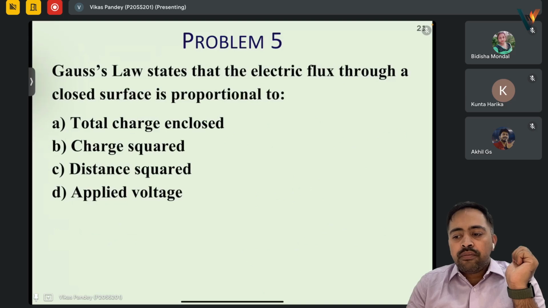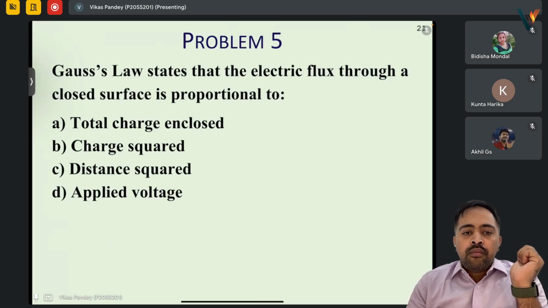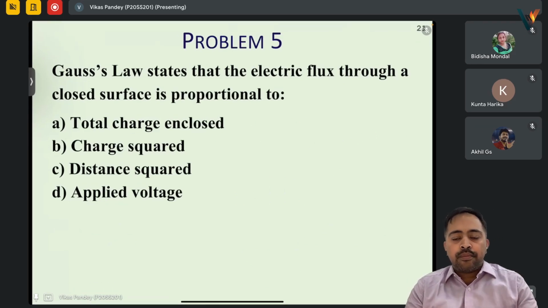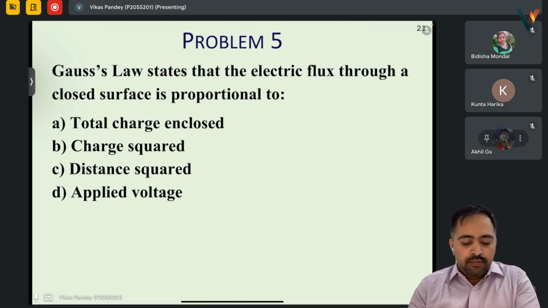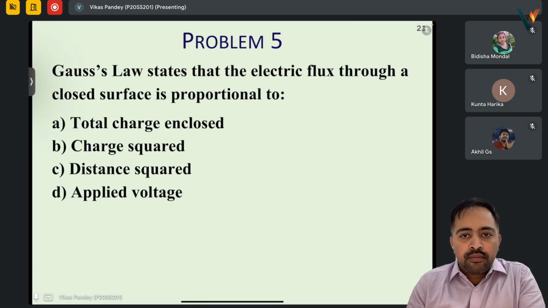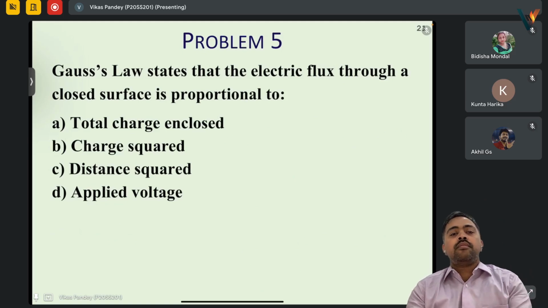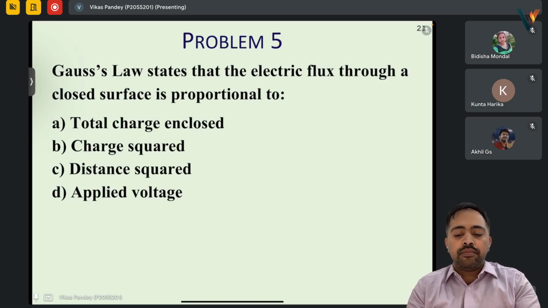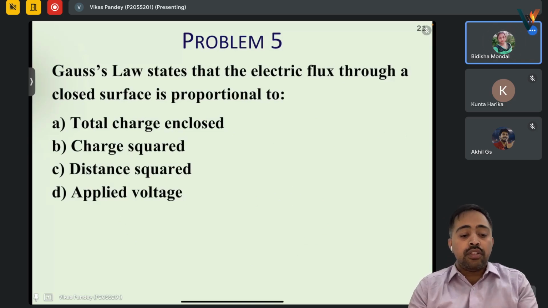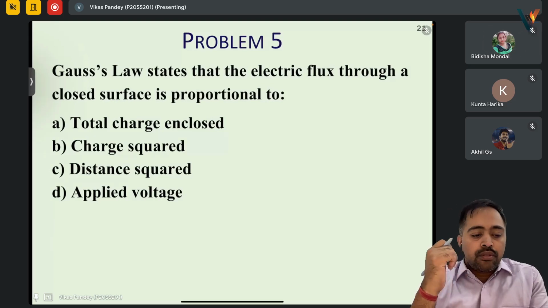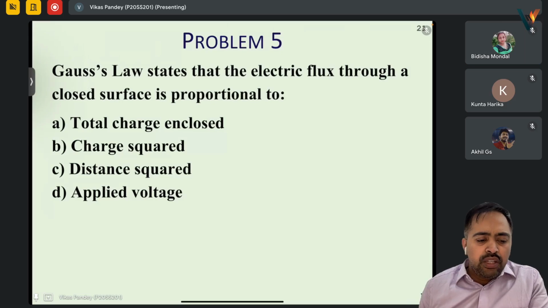Yeah, anyone? Yeah, please. Electric flux. Anyone? Total charge enclosed by that surface. Yes, very good. So how do we define flux?